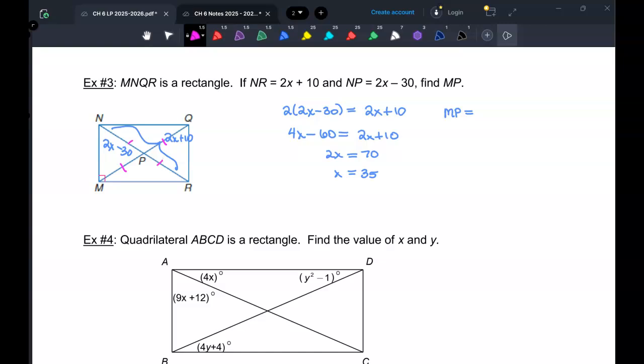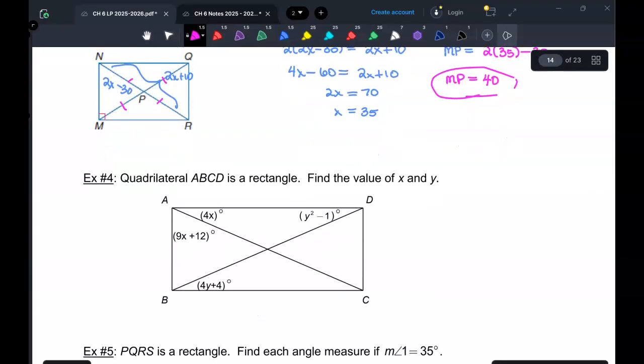So NP and MP are the same. MP equals 40. Isn't it 35 times 2 plus 10? No, we just want this part.